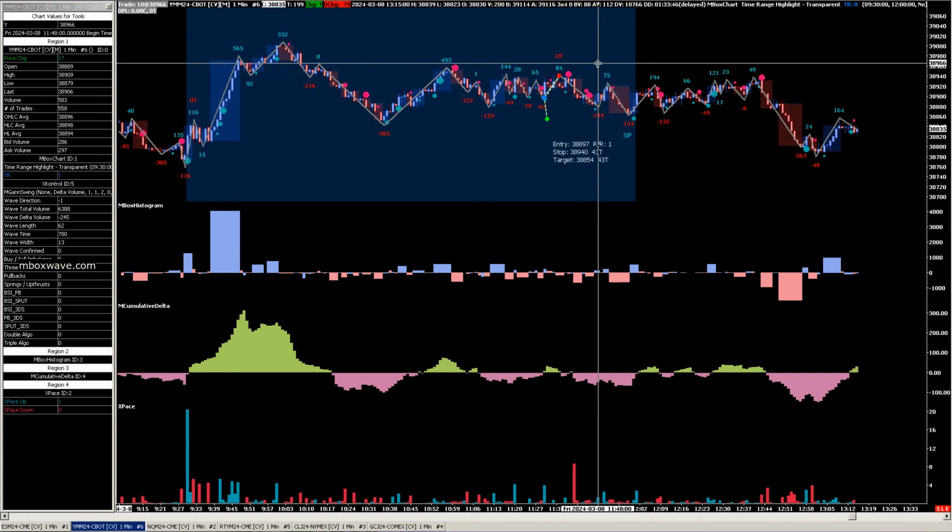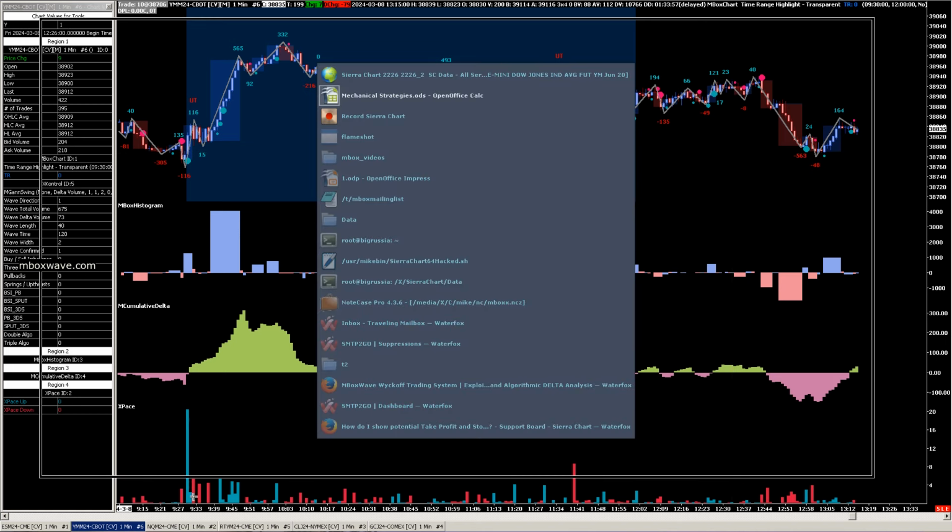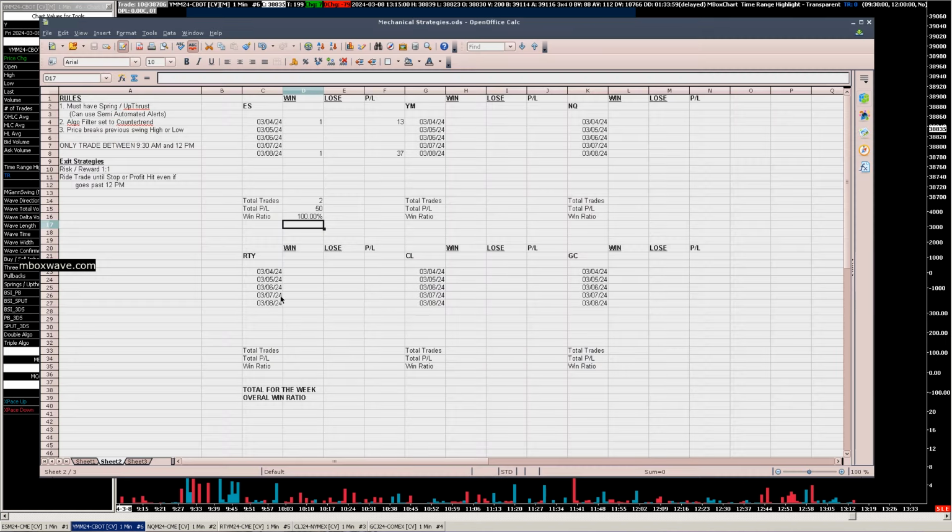So this did not break our stop, and we would have gotten out here. Purely mechanical. So we had one trade in the Dow Jones and made 43 ticks. It's one trade, 43 ticks. Win ratio is 100%.